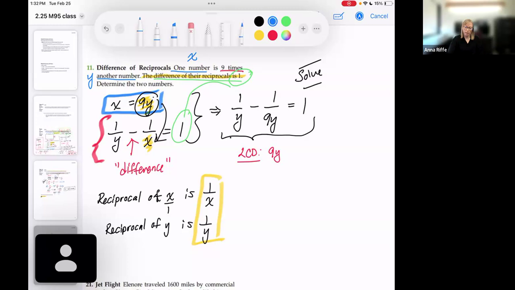I'm going to multiply all expressions by that least common denominator. 9y over 1 times 1 over y minus 9y over 1 times 1 over 9y is equal to 9y times 1.